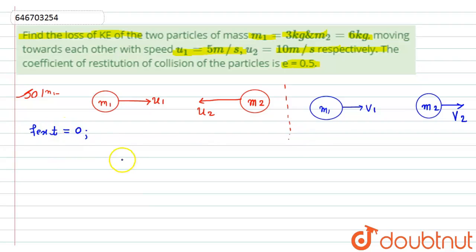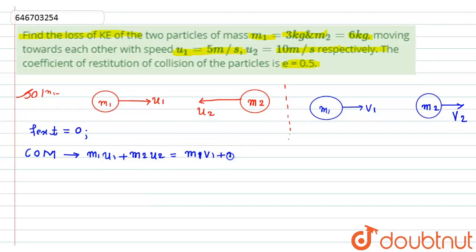It means that the momentum will be conserved here, and hence by using the conservation of linear momentum, the initial momentum will be equal to the final momentum. So m1 u1 plus m2 u2 equals m1 v1 plus m2 v2.